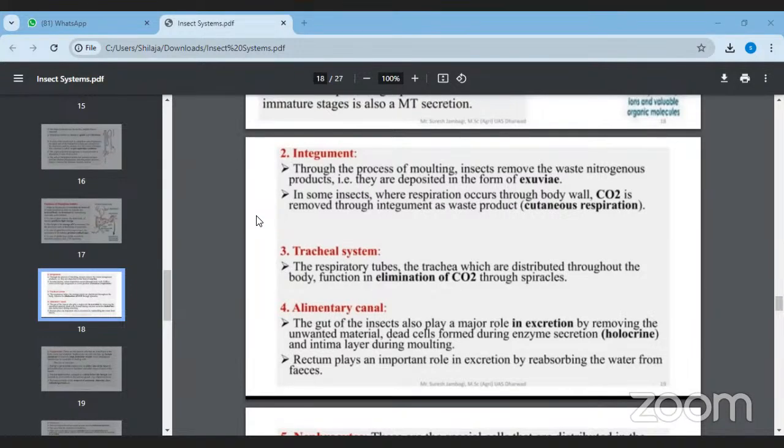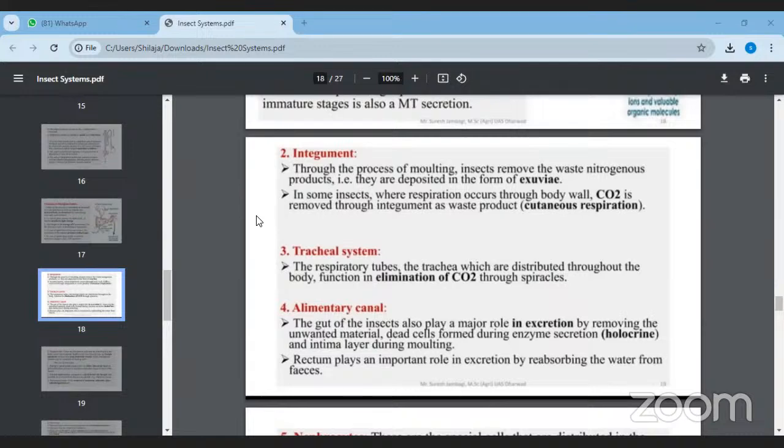Similarly, in freshwater insects, large amounts of water are absorbed through the integument and by the gut along with the ingested food. They must excrete the water and at the same time conserve the inorganic ions which are helpful for the body.